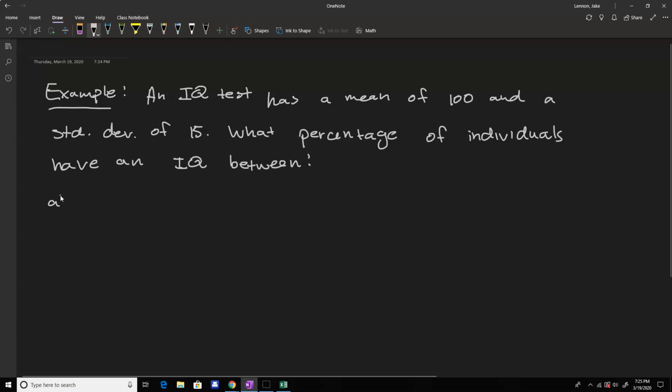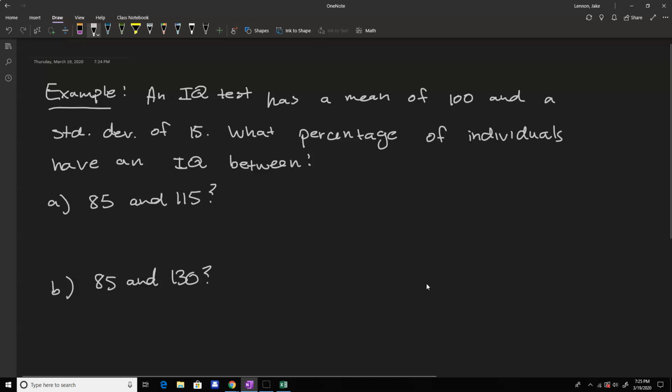We'll say A, we want to figure out 85 and 115. And then for B, maybe we want to do 85 and 130. So you can see how to set these up.